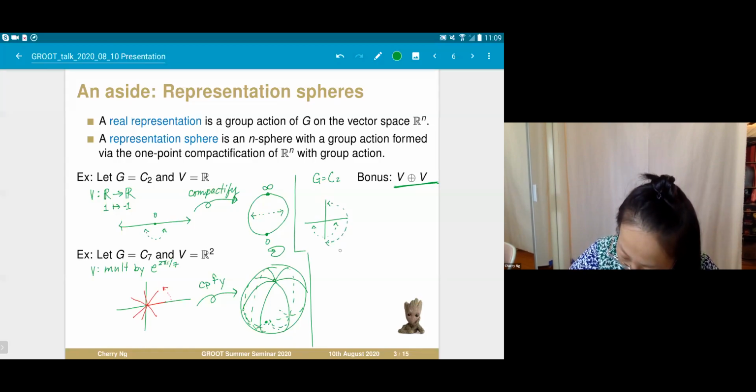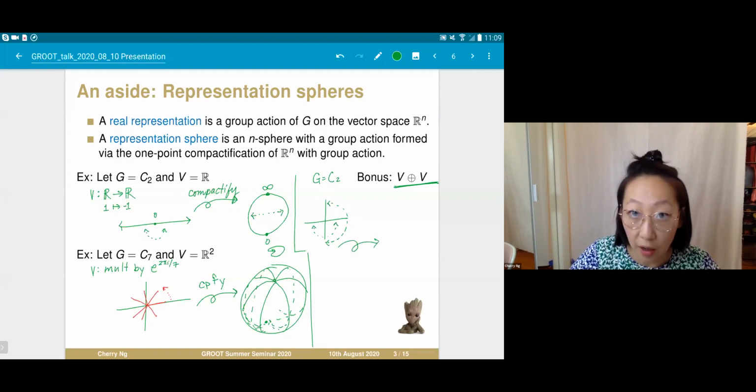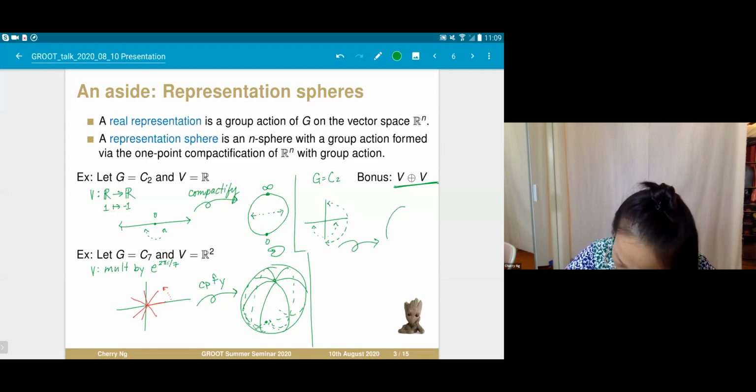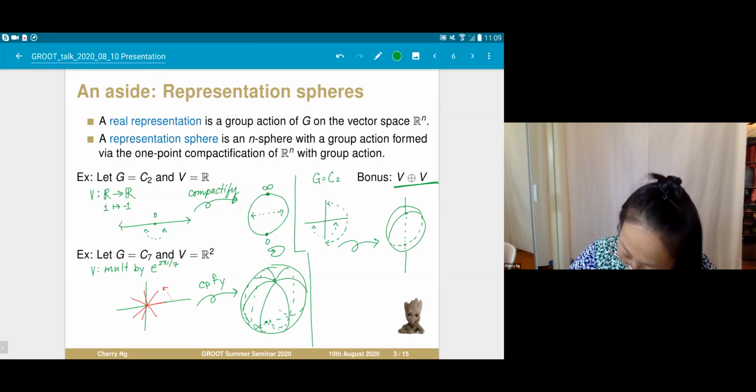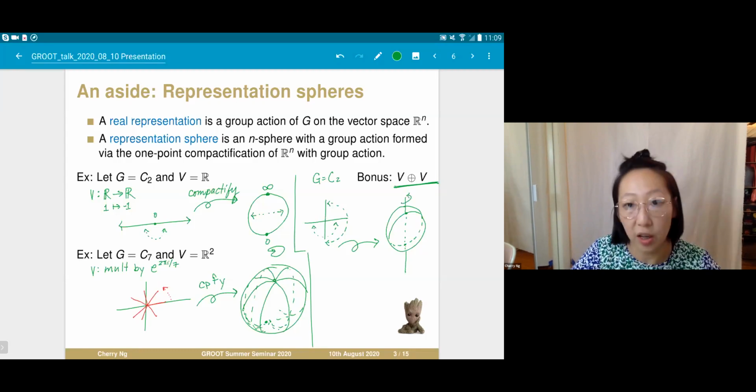And if we compactify, then we will get a sphere where you have a front half and a back half, and you rotate by 180 degrees. So these are all examples of representation spheres, spheres with a group action by the group G.